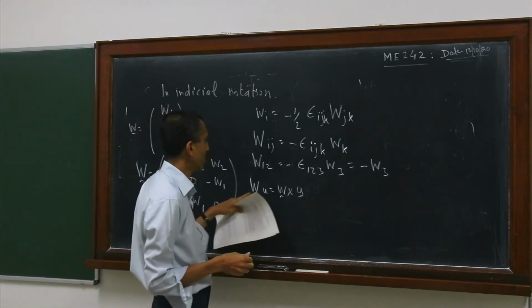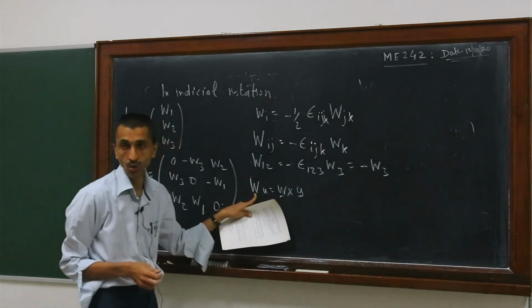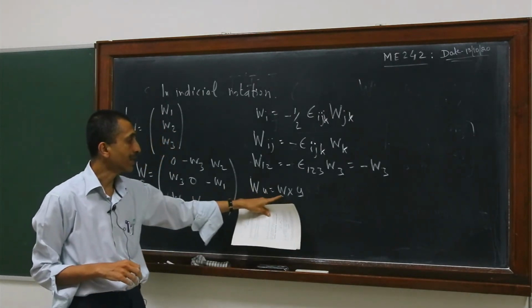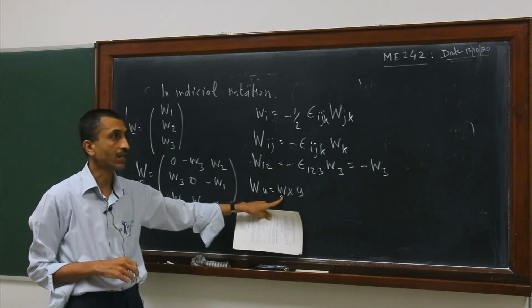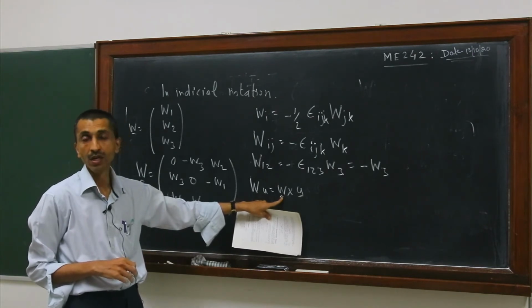Here this W you will get in terms of an orthogonal tensor, Q dot Q transpose. That you will see in your rigid body dynamics class. And then the axial vector of Q dot Q transpose, which is a skew symmetric tensor, that is the angular velocity vector.